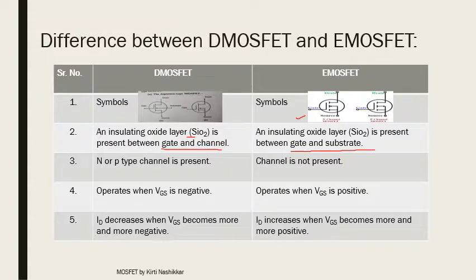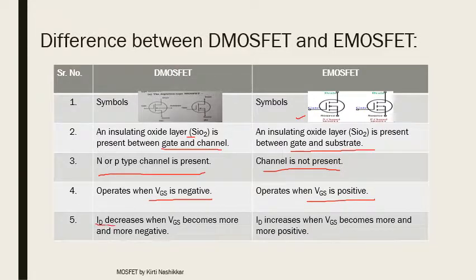Now in case of DMOSFET, an N or P type channel is present. EMOSFET में channel is not present initially. बाद में वो आता है और prepare होता है और form होता है. DMOSFET में for operation we have to make VGS negative. In case of EMOSFET we have to make VGS positive.